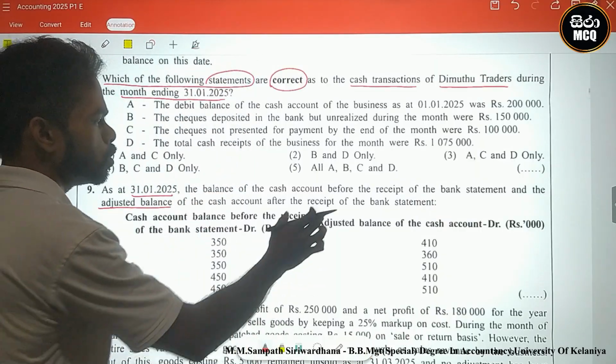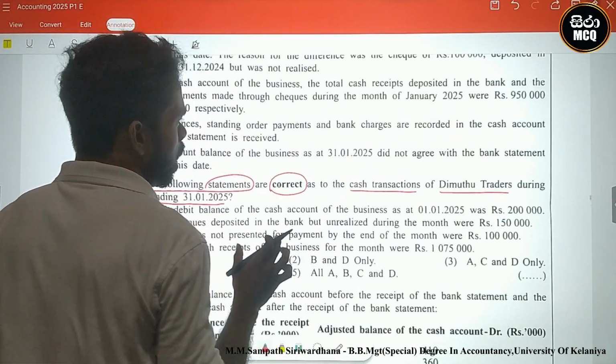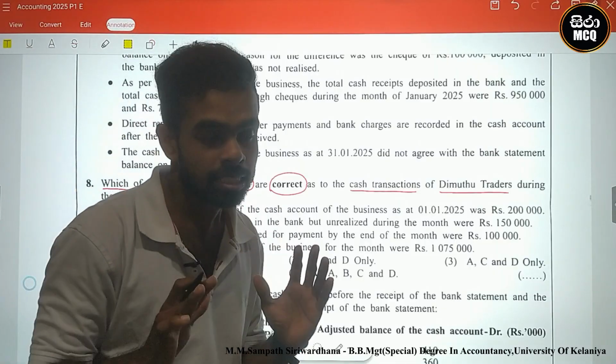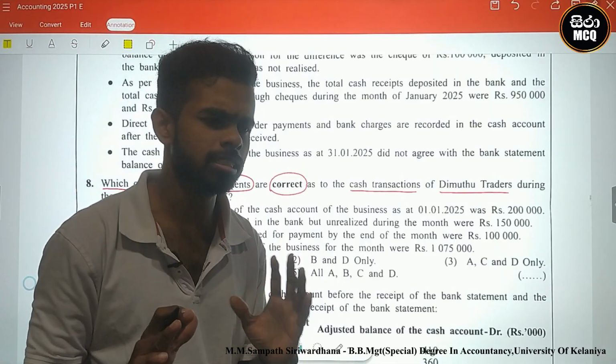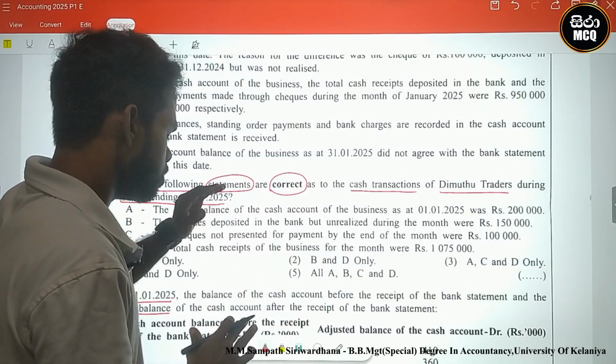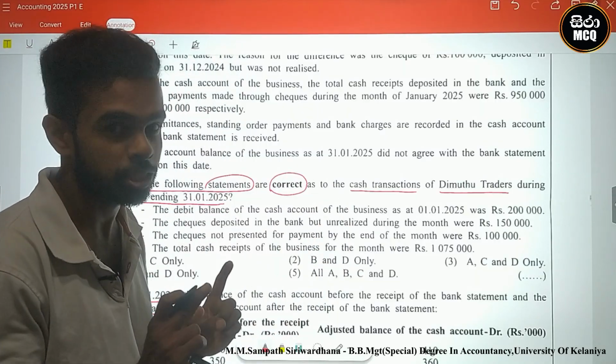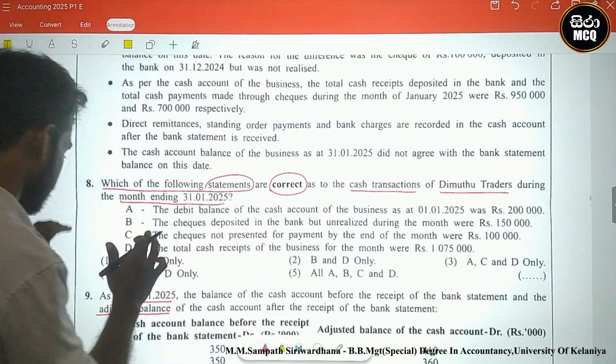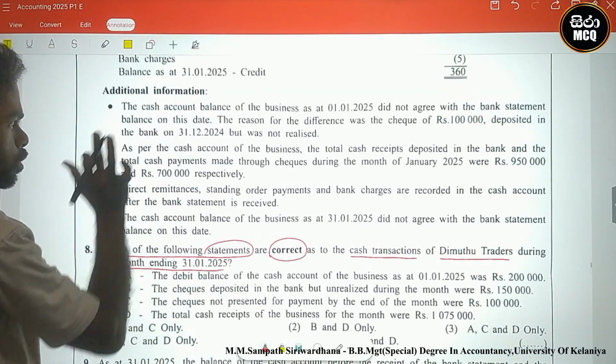Okay, let's go to the question. Look here, I prepared all the necessary information, answers and schedules to identify this. Why? Because all the information that touches question number 8 and 9 is based on this information.